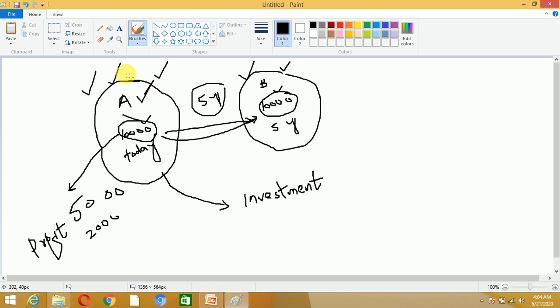But we will select this option. Why? Because this option gives us an investment opportunity. We can invest this $10,000 and earn profit, 5,000, 2,000, 1,500. Maybe we will earn more than 10,000 as a profit.